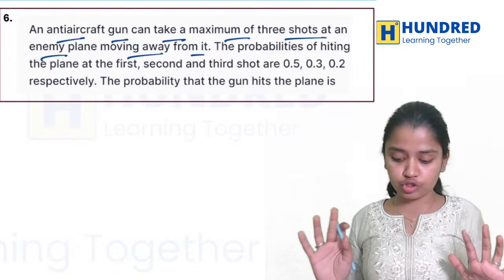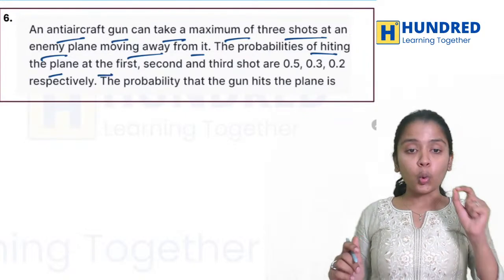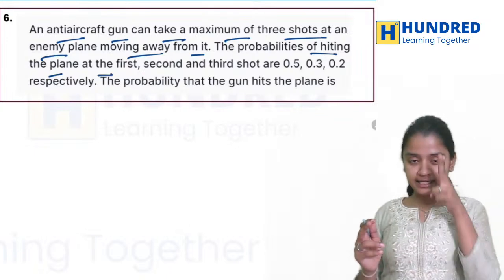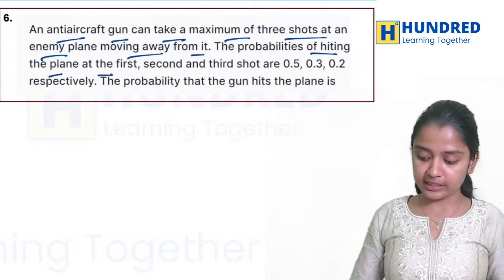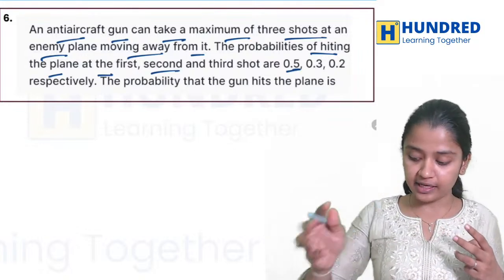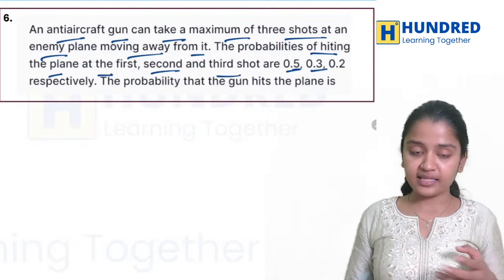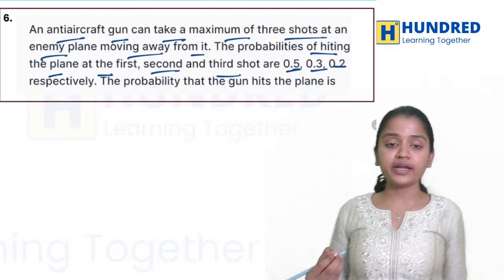Probability of hitting the plane at first shot, உங்க ஃபர்ஸ்ட் ஷாட்லயே அந்த எனிமியை ஹிட் பண்றதோட ப்ராபபிலிட்டி 0.5. அதே மாதிரி செகண்ட் ஷாட்ல 0.3. அதே மாதிரி தேர்ட் ஷாட்ல 0.2.